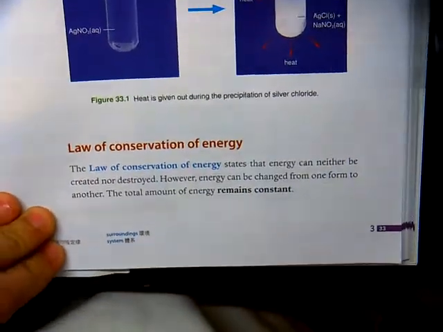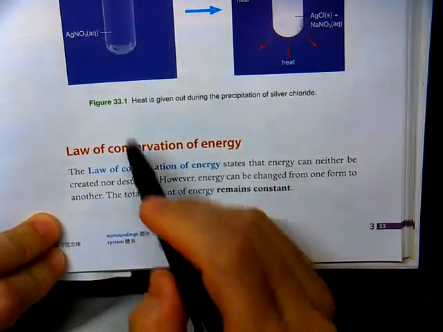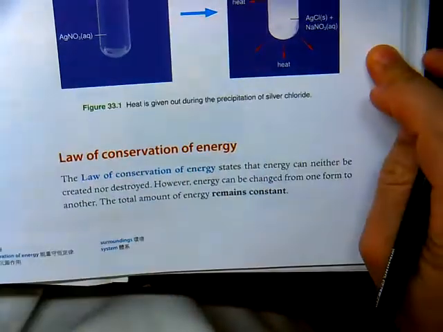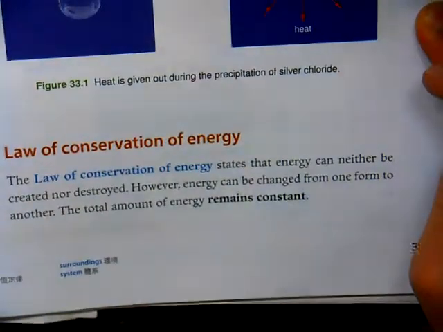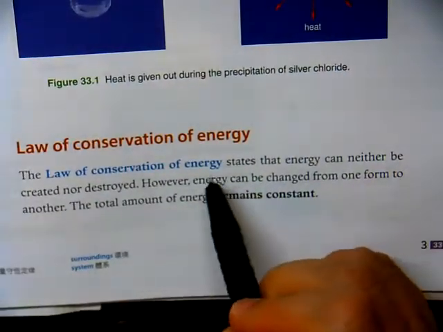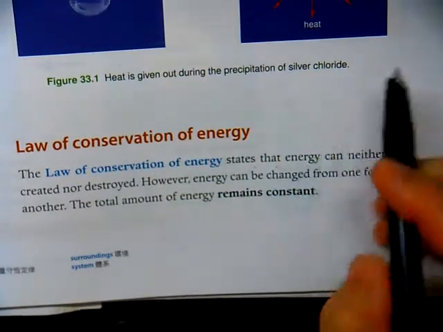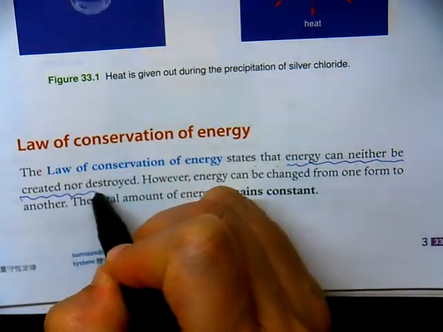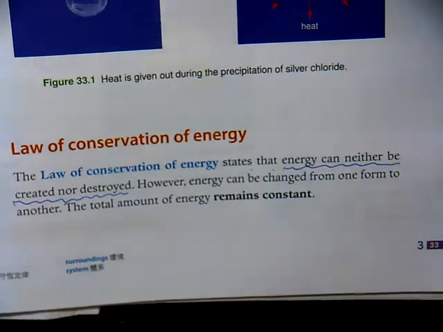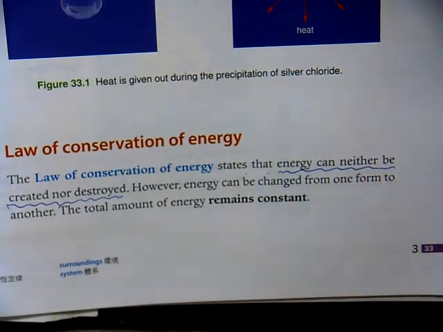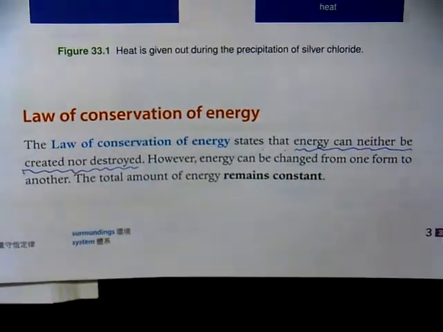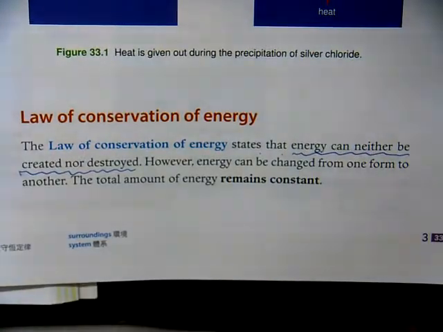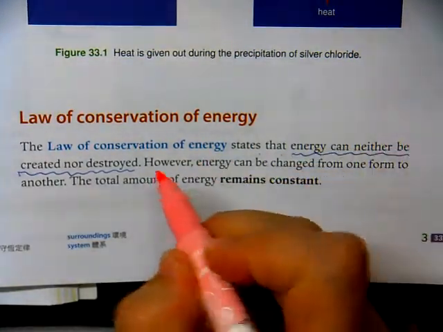We need to talk about the law of conservation of energy. What does it mean? Law of conservation of energy states that energy can neither be created nor destroyed. Now, please highlight this sentence first. For physics students, you have already learned this law.